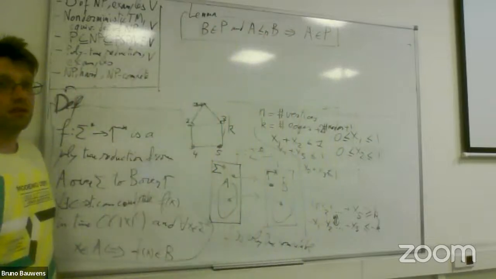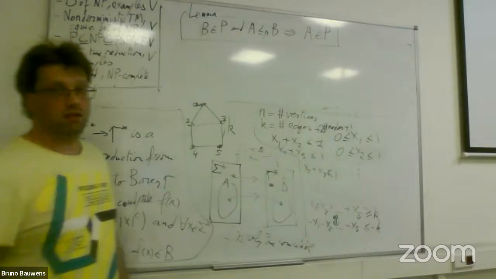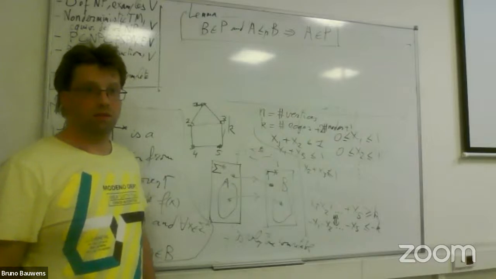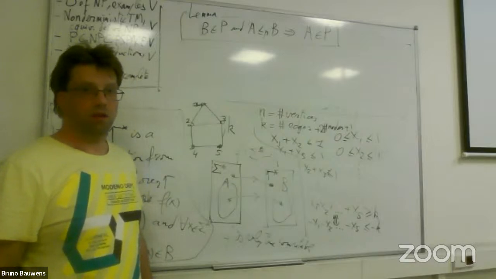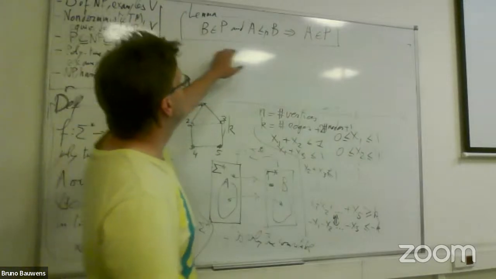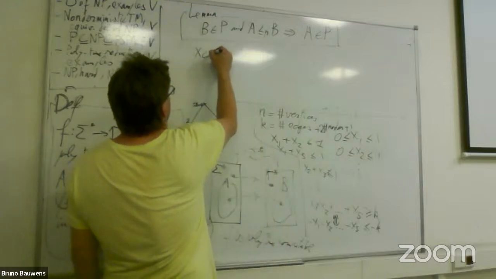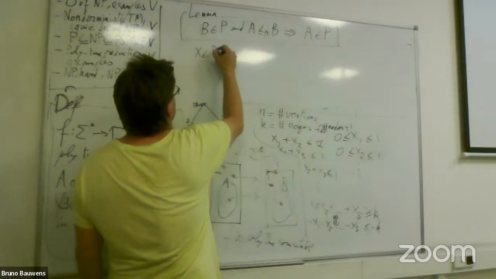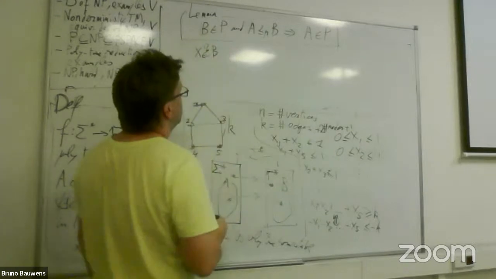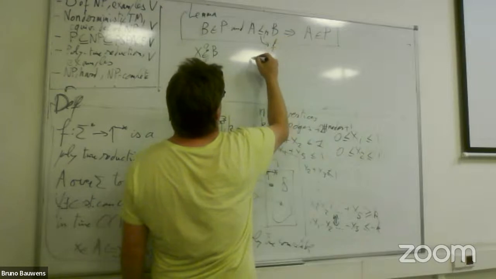We just run the algorithm which decides B, and before that we use the function which reduces our problems, and polynomial of polynomial is still polynomial. Let me repeat it. We get x, and we want to know whether it's in A. So we apply the reduction. Here we have a reduction f.